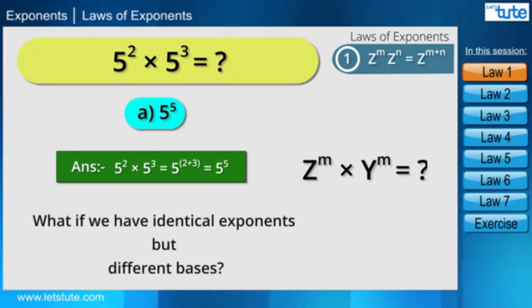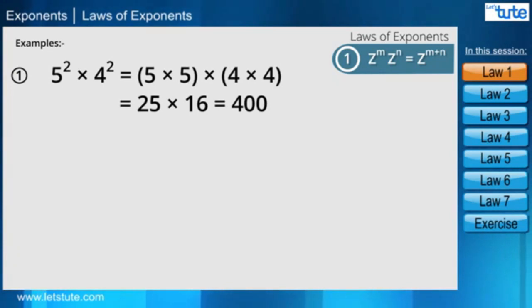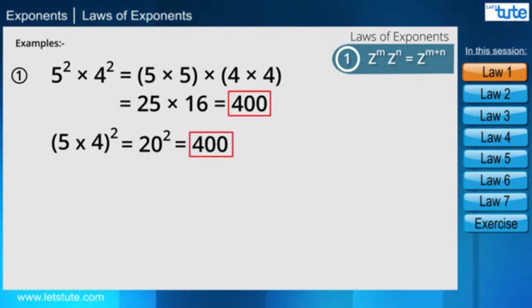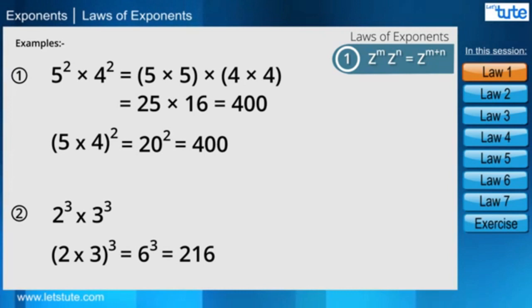This was when we have to multiply identical bases. But what if we have identical exponents but different bases? Let's take a few examples. Here we can see exponents are identical, right? So can we write 5 into 4 raised to the power 2? Yes, as we are getting the same solution. Next, here we can see that the exponents are identical. Therefore, for identical exponents, we have to multiply the bases.